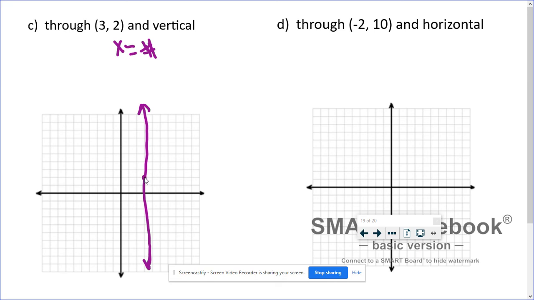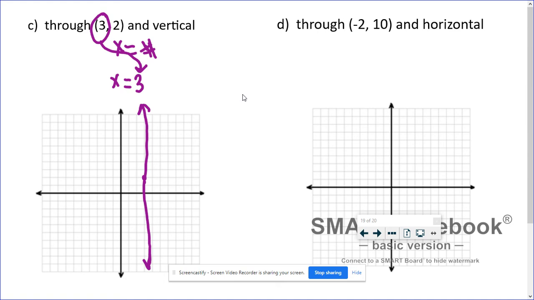The vertical line that goes through that ordered pair is going through an x value of 3. Every ordered pair then has to have an x value of 3. So this one's going to be x equals 3. And if you're given a point and told the line is vertical, it will always be the x coordinate is what the x is equal to.